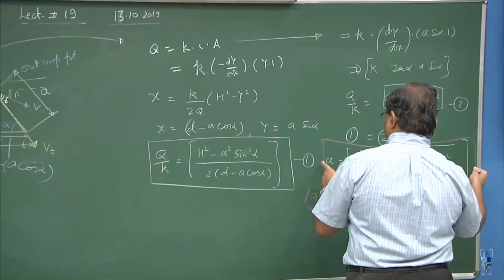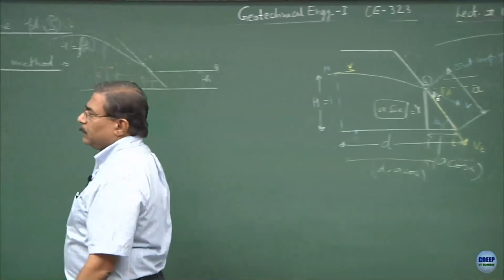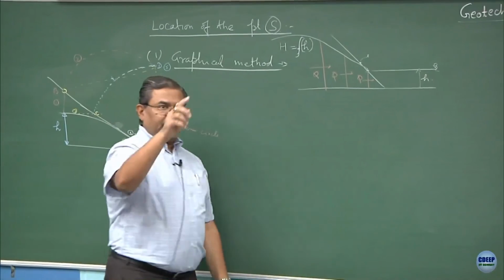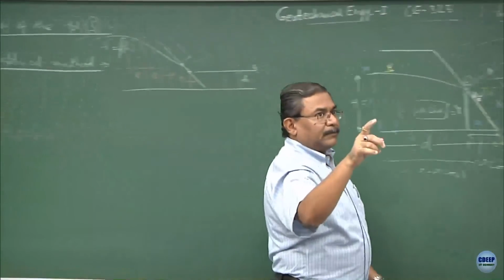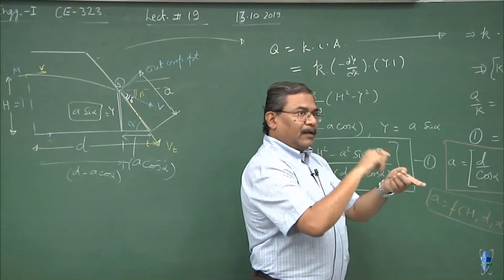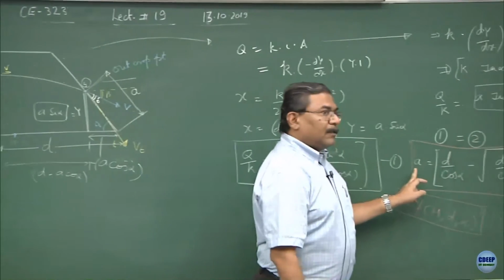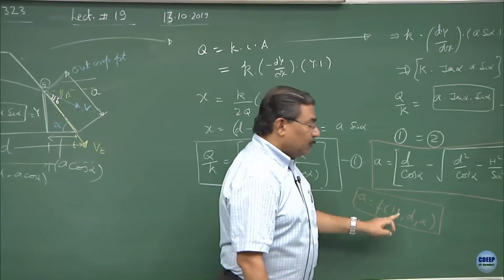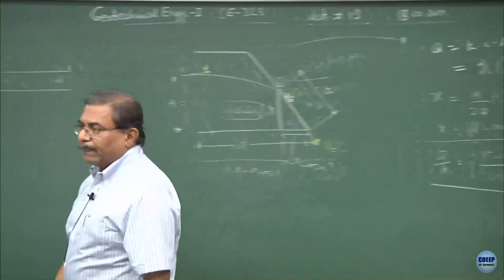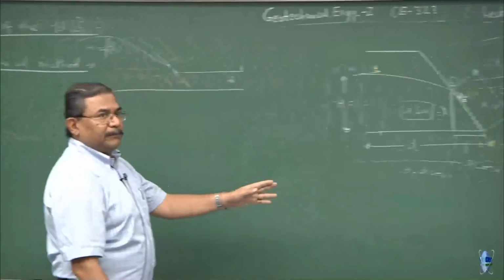That the outcrop point is independent of Q. Is this okay? So, one of the questions has been answered. It does not matter where I put the tail and the outcrop point, clear, because the location of the outcrop point is only the geometry of the downstream side of the earthen embankment. Second question I will answer in due course of time.